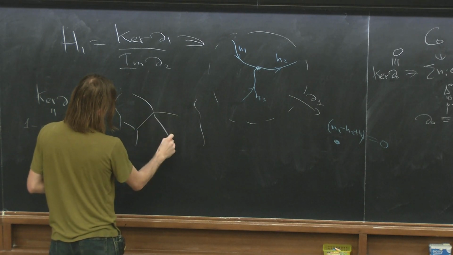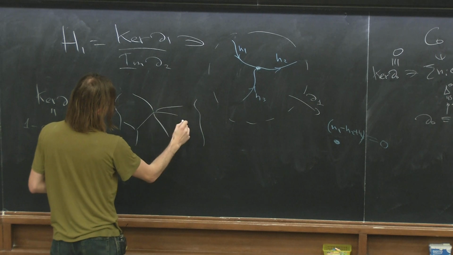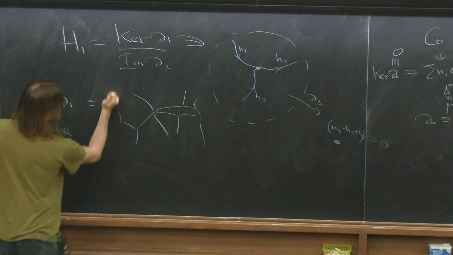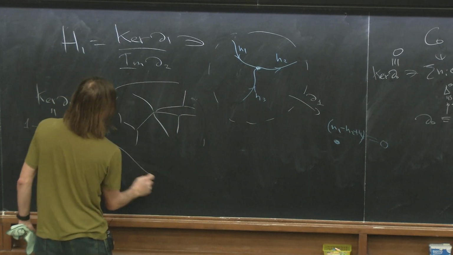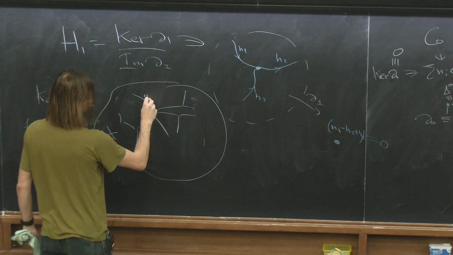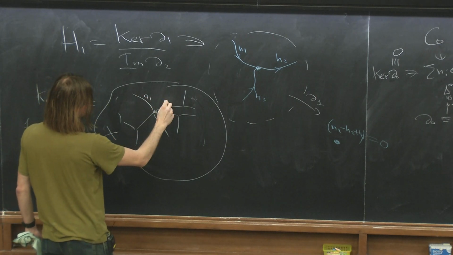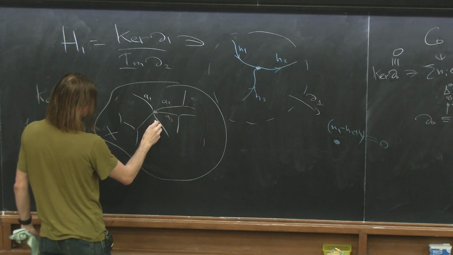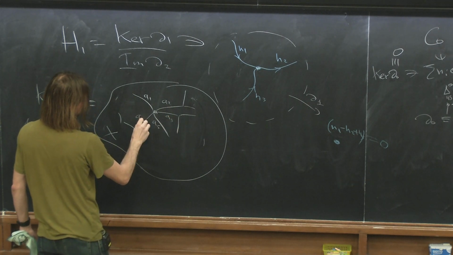So you can have some sort of graphs in the topological space X. Each edge is essentially weighted by some integer.